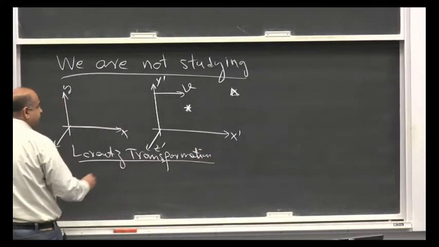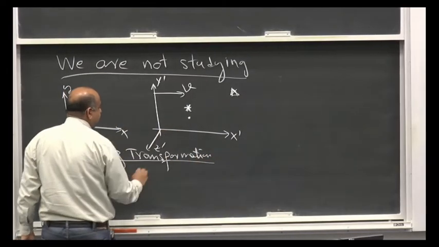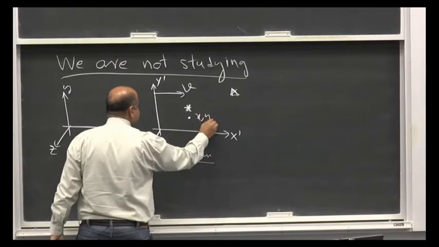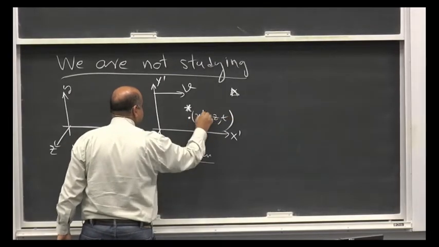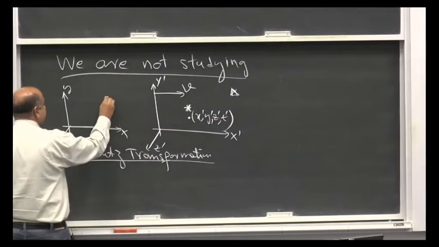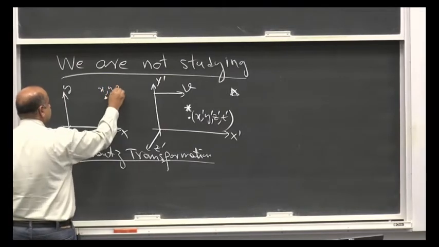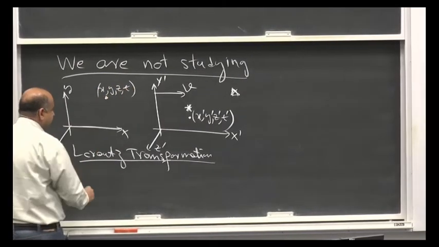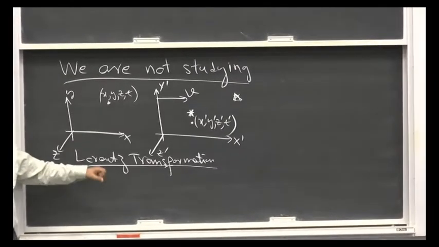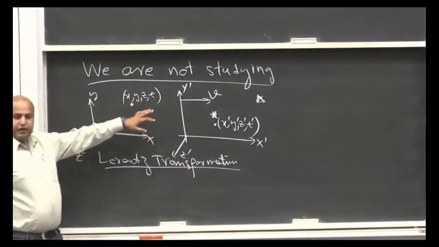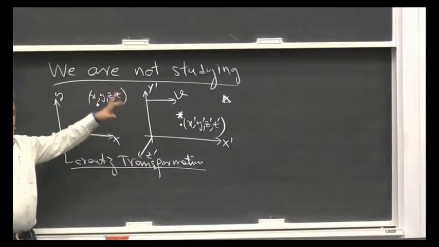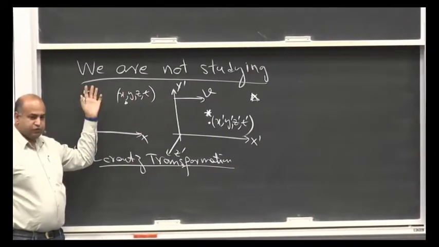So they actually relate one point with coordinate to another point in this frame with these coordinates, and there is a set of equations. We are not going to do that, which transforms the general pairs from here to there.